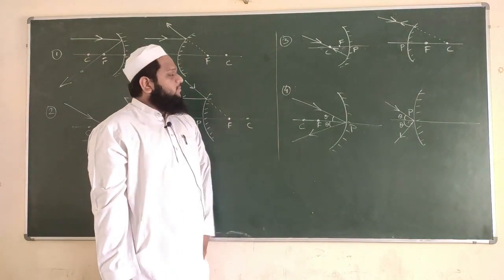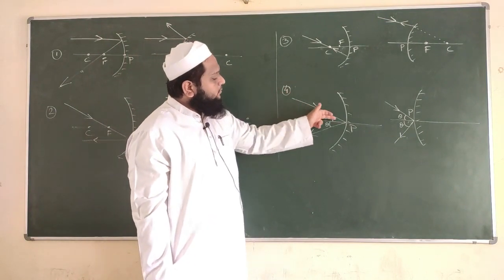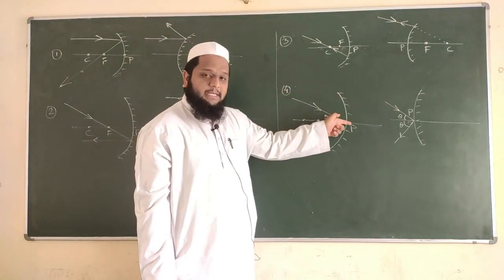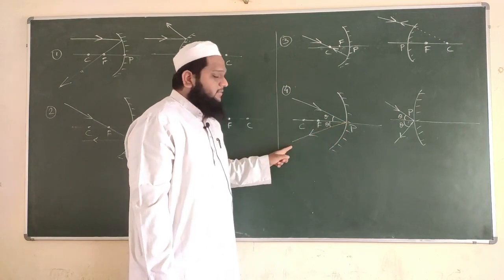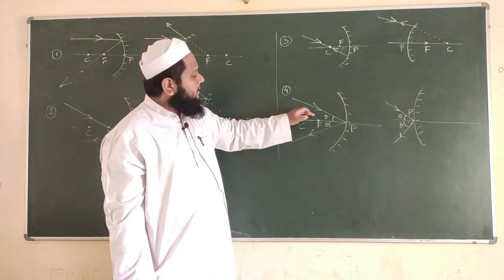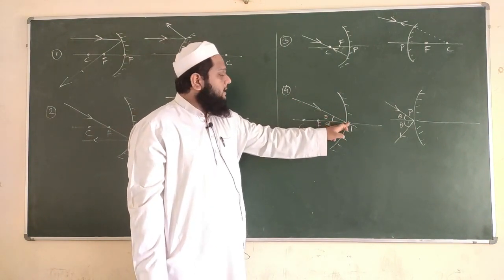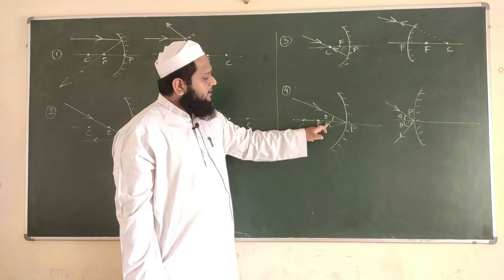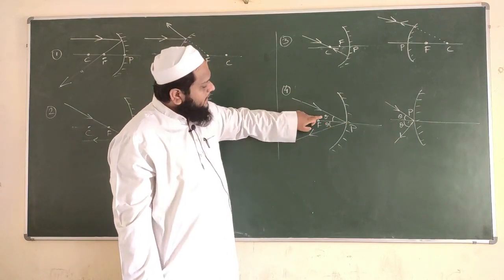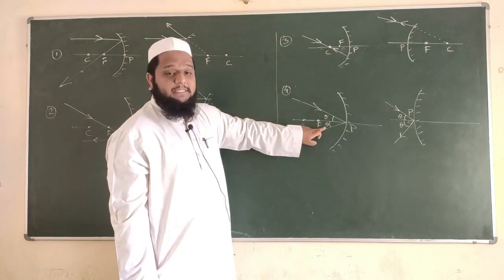Coming to the fourth and last point, any ray which is incident on the pole, directly on the pole, follows the law of reflection. Meaning, at an angle say 30 degrees, say theta is 30, the incident ray is incident directly on the pole, the reflected ray will come out at an angle of 30. That's why I have written that angle of incidence and angle of reflection will be the same, theta equals theta.